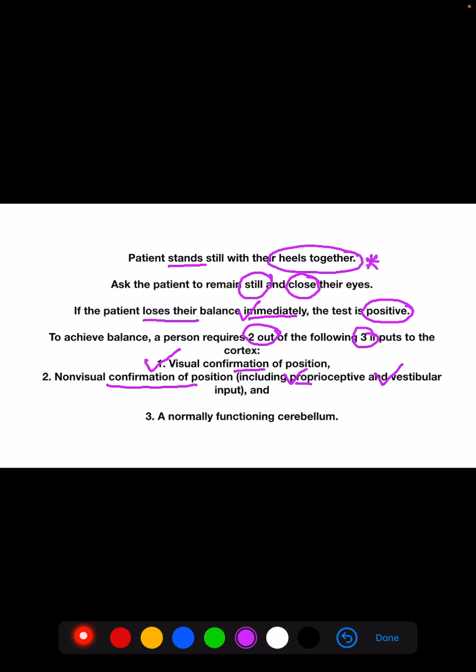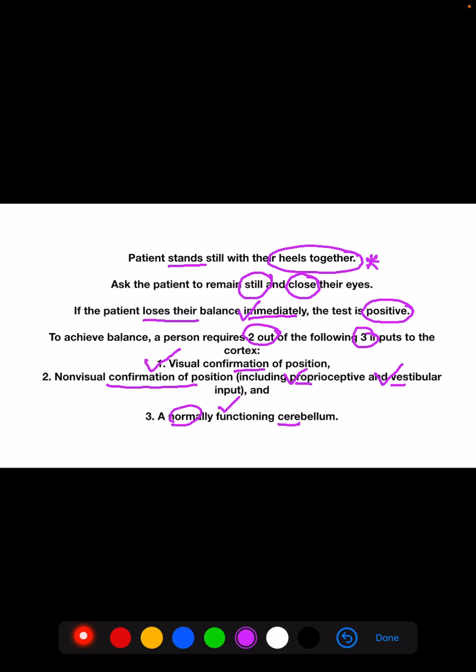Proprioception and vestibular input should also be good, and the patient also requires a normally functioning cerebellum.